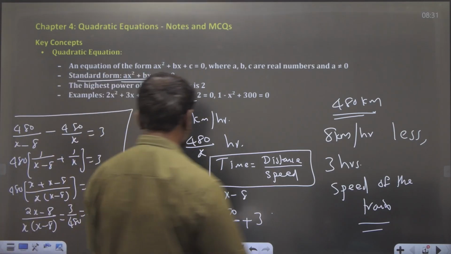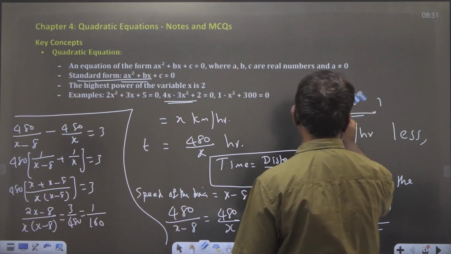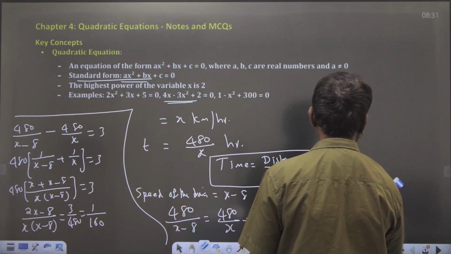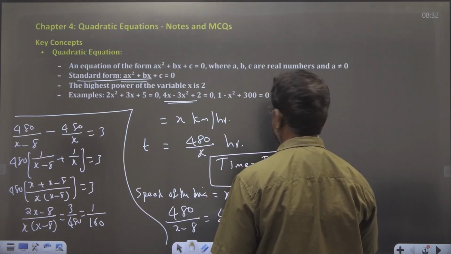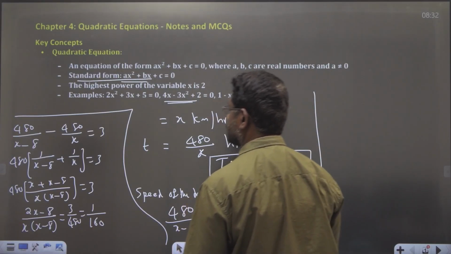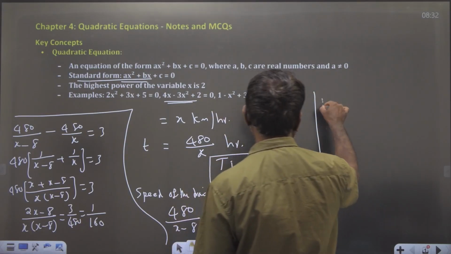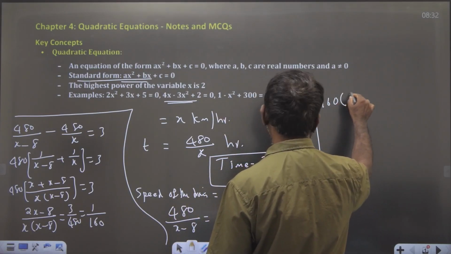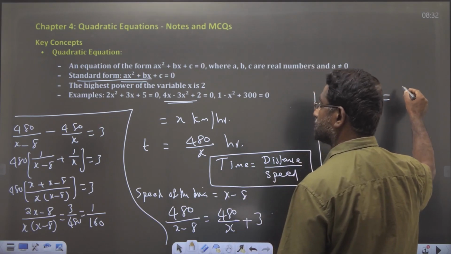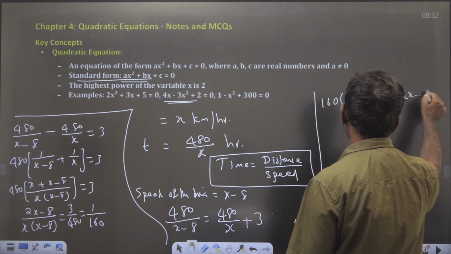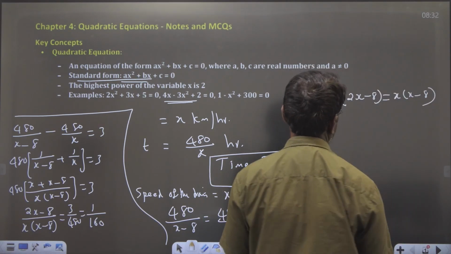Then cross multiply. I can write the steps here. When cross multiplying, we will get 160 into (2x minus 8) is equal to x into (x minus 8).